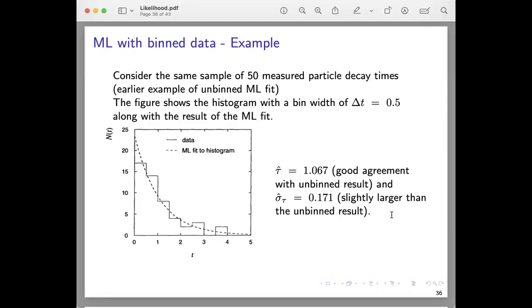So you need to have some balance so that the fluctuations in individual bins are smaller. That's why this binned method is useful when you have a large data set. If you have a small data sample, you can do an unbinned likelihood fit.